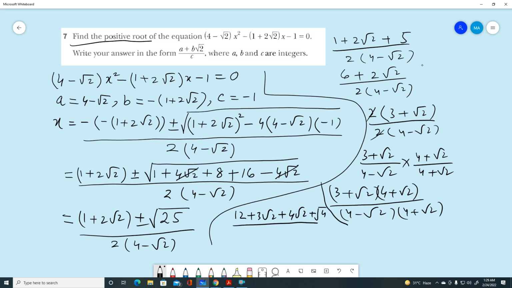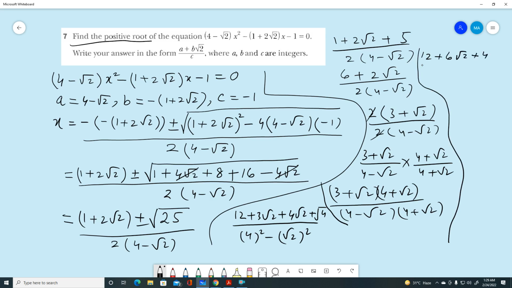And 4 minus root 2 times 4 plus root 2 can be expanded by the a square minus b square formula. So a square is 4 square and b square is root 2 square. Last 2 to 3 steps I am doing over here, I don't want to skip any step. So 12 plus 3 root 2, 4 root 2 is 6 root 2, and root 4 is 4.